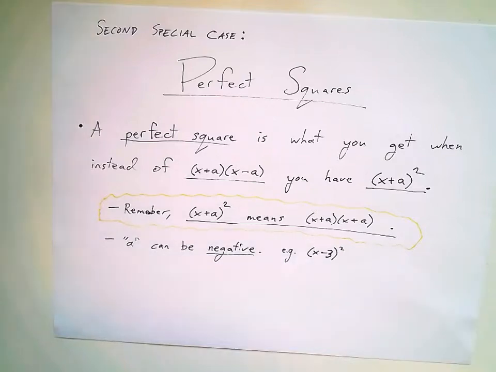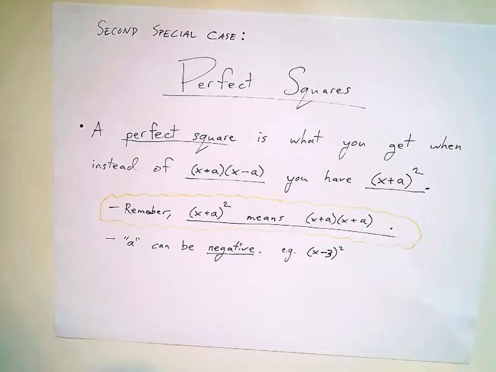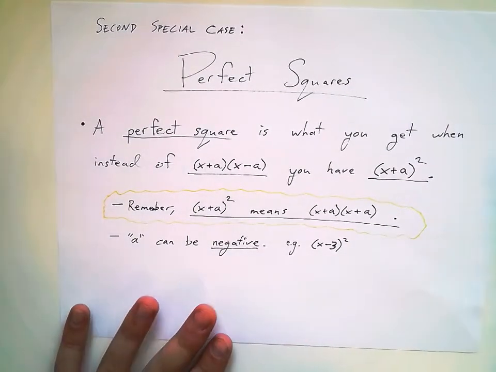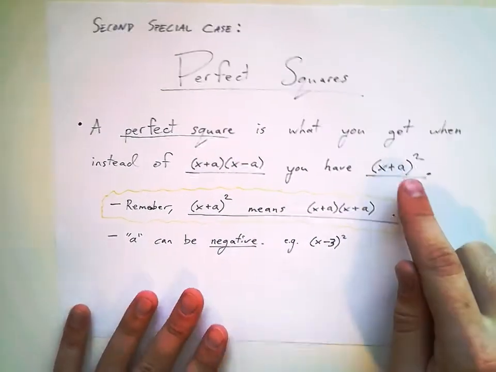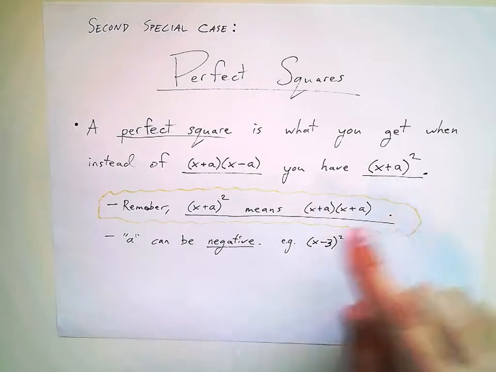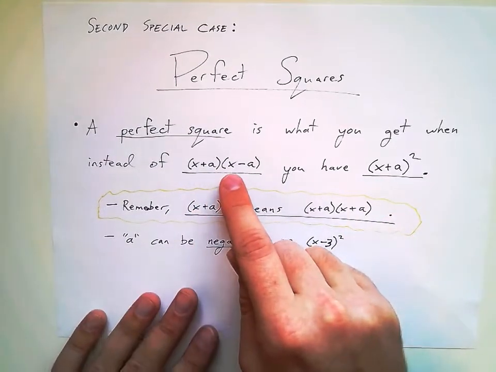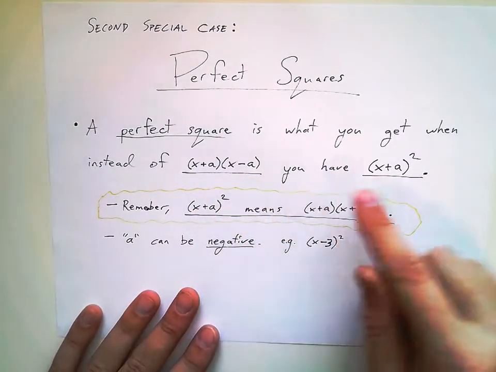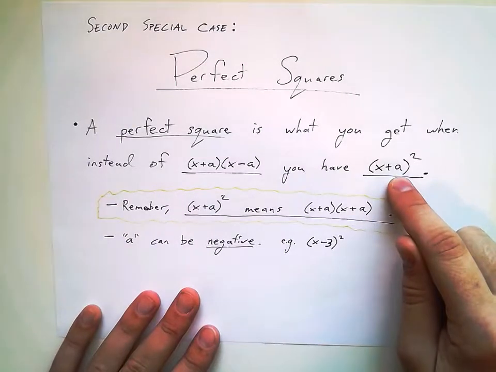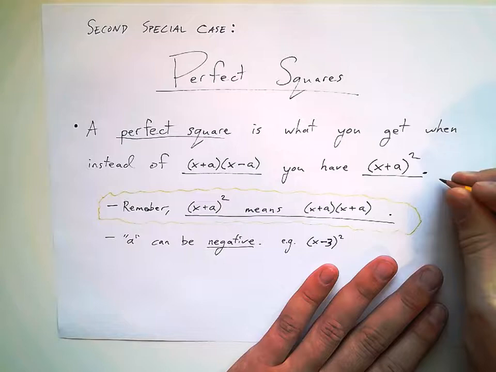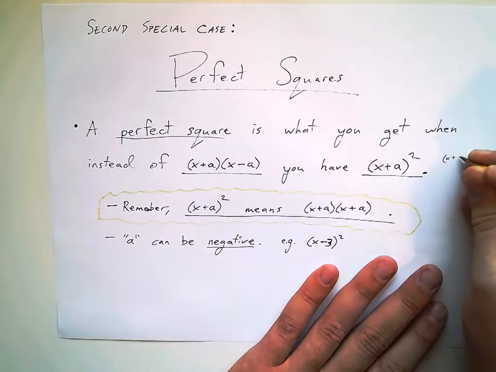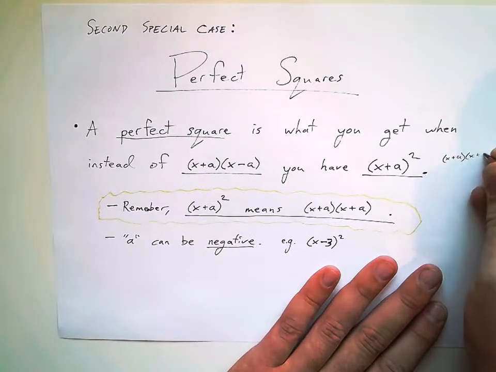Okay, one more thing really quick. It's very similar. It's called perfect squares. And that's when instead of having like x plus 3 times x minus 3, you have x plus 3 times x plus 3. So remember, x plus a squared would mean x plus a times x plus a.